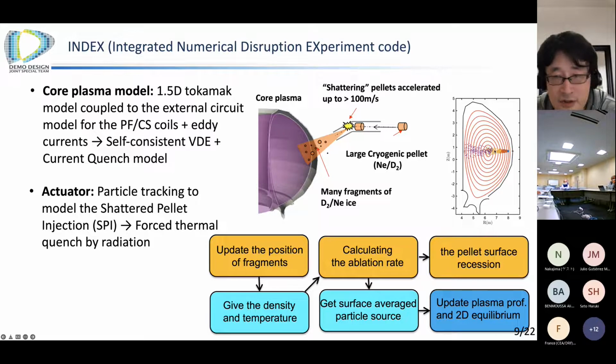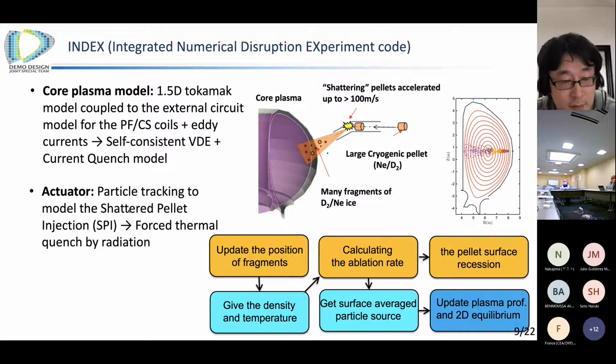And in this simulation, each shard is tracked as a marker particle, and the ablation of these small fragments has been calculated by using a simplified modeling of the ablation.